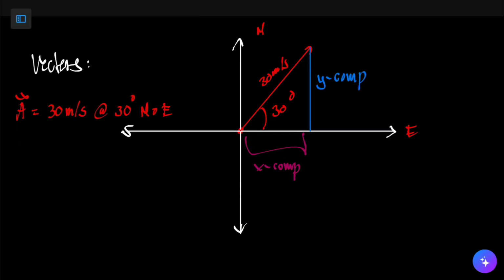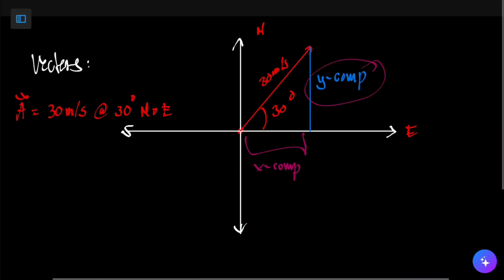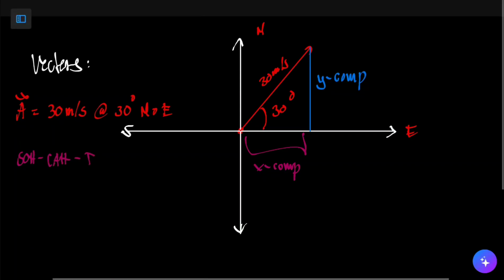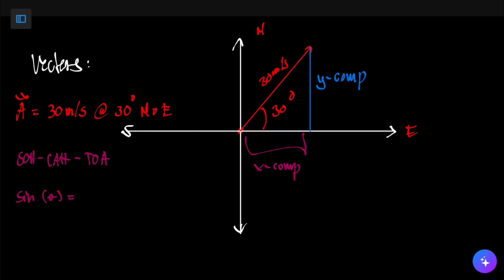Okay, so with that, we just have to remember the three trigonometric ratios, or your SOHCAHTOA, to be able to identify the values of the x component and the y component. Let's recall what SOHCAHTOA is. Your sine is equal to the opposite over hypotenuse.